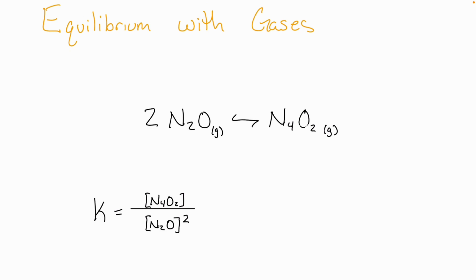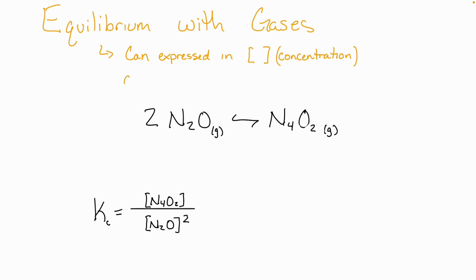All right, so equilibrium with gases, what do we want to make a special note about? These expressions can be expressed in terms of concentration. Right? So just like we've done here, we would call this a Kc because it's in terms of concentration.